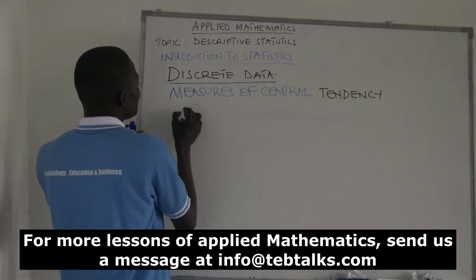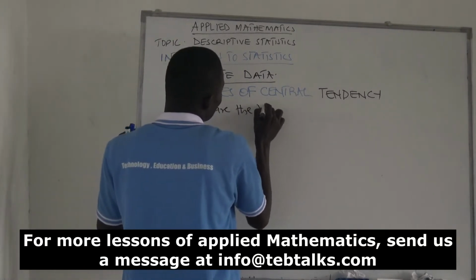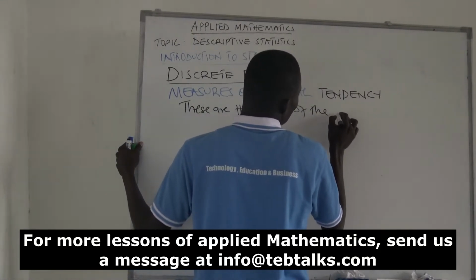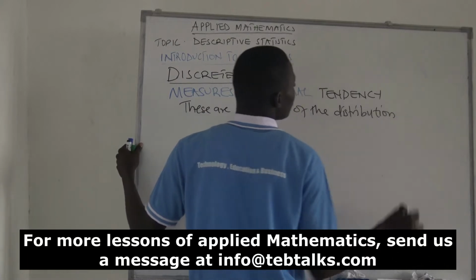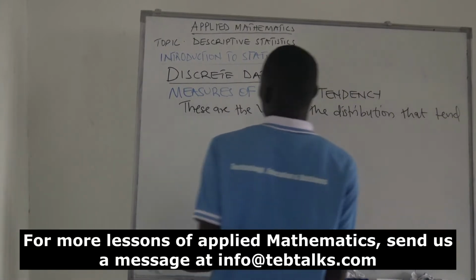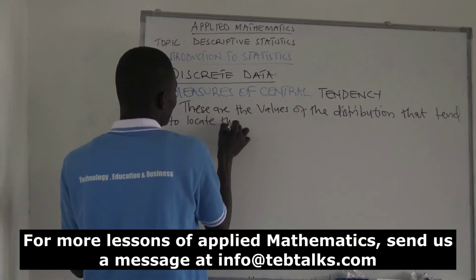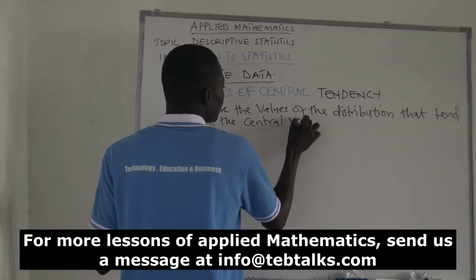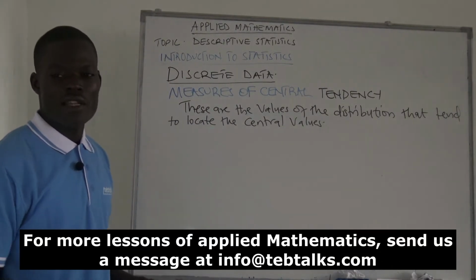So measures of central tendency are the values of the distribution that tend to locate the central values.